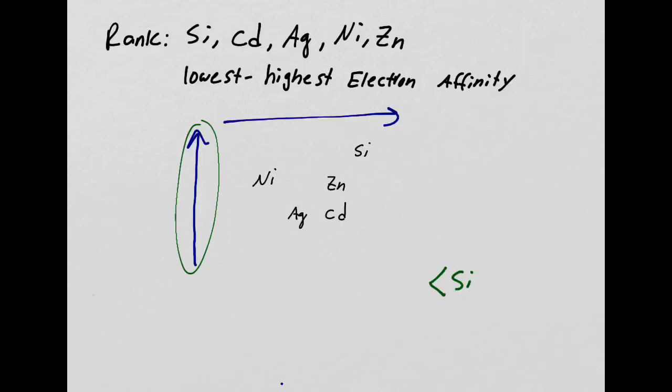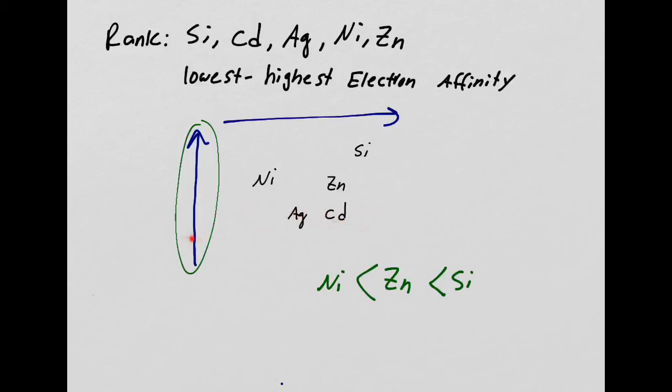Now what's after that? Silicon is going to be the highest one. Then when you come down here, these two are on the same row. If they're on the same row, which one is going to have the higher one? Same row, this is a trend, so Zn is going to be higher than nickel. So then I'm going to have Zn, then Ni, then I'm going to come to the next row.